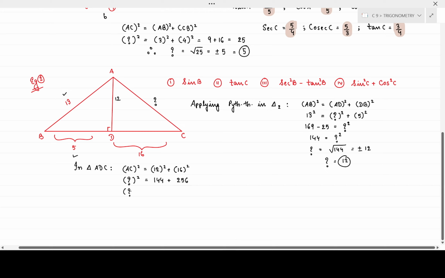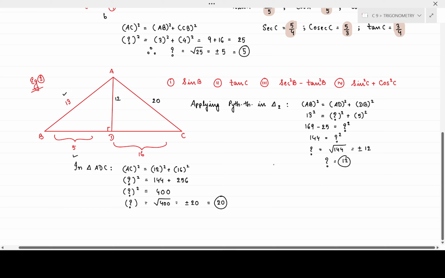Question mark square is equal to 400. So the value of question mark will be square root of 400, that is plus minus 20 again. We will consider positive 20 only. So the value of this dimension is 20.